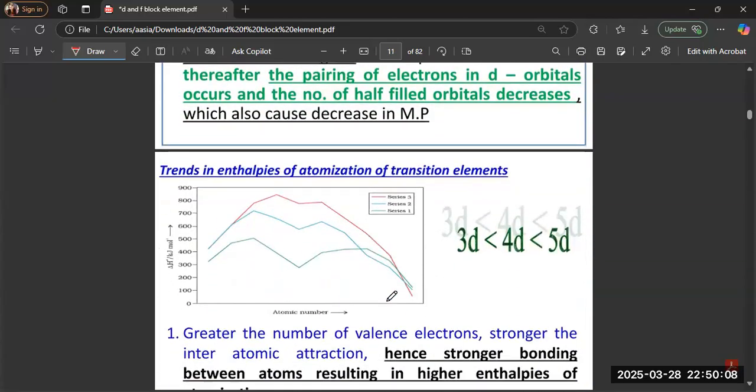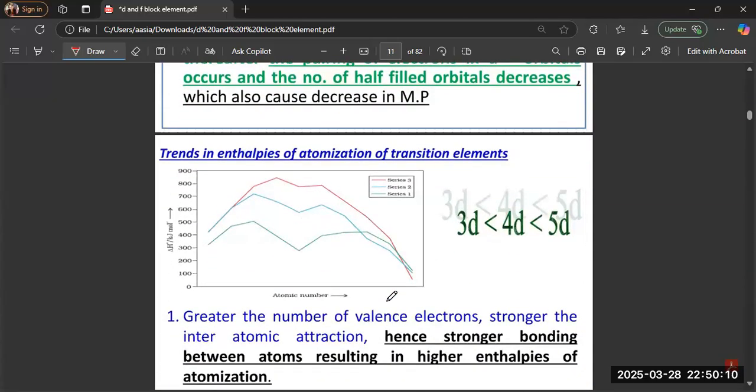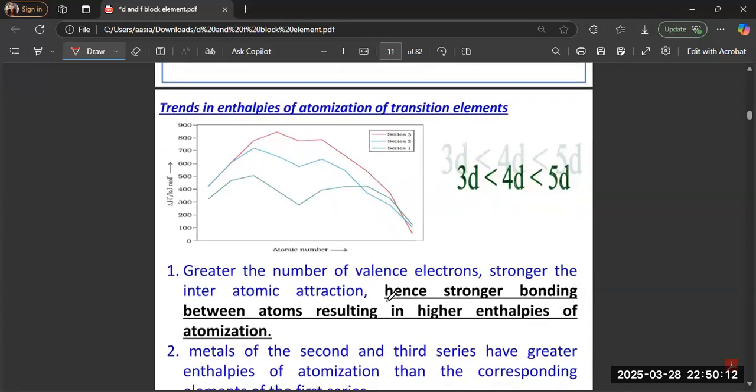Now let's see the enthalpy of atomization of transition elements. In this graph, there are 3d, 4d, and 5d series: series 1 is the 3d series, series 2 is the 4d series, and series 3 is the 5d series.